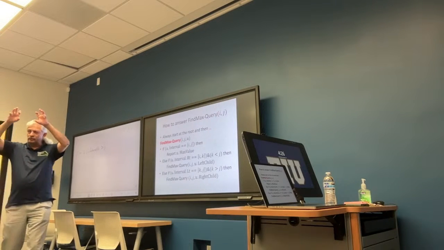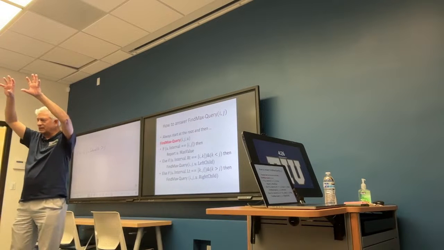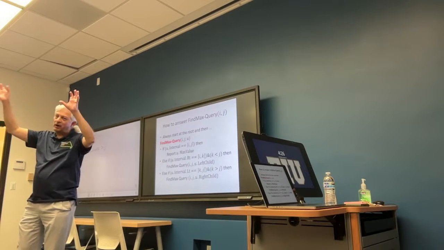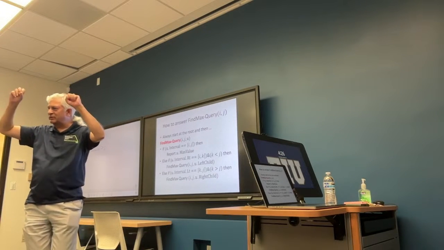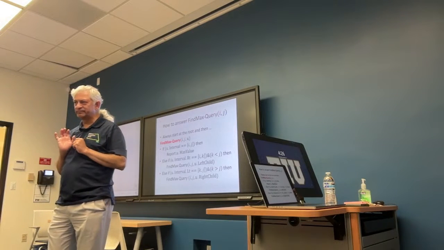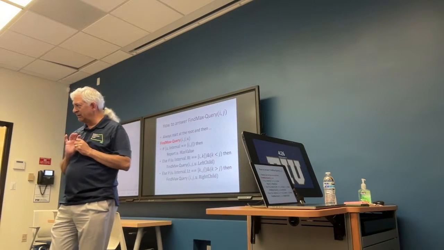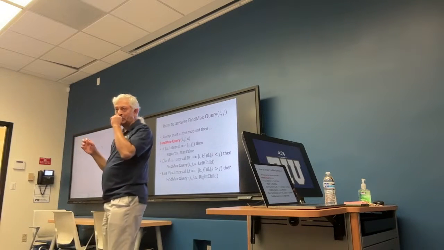Remember, you're now at a node somewhere up in the tree, and as part of that interval that's stored there is I and J. Your job is to figure out whether to go right or left.